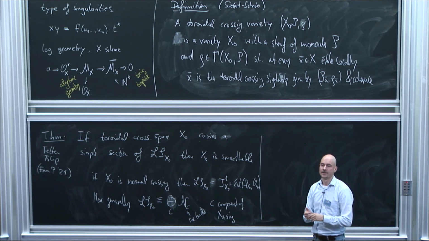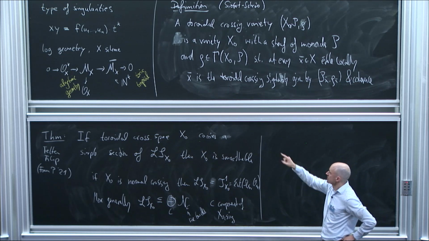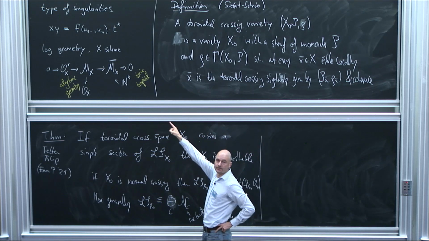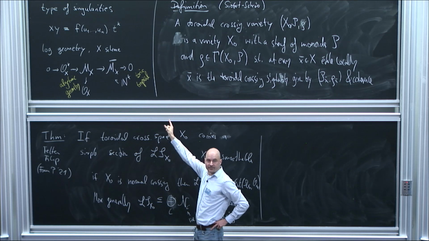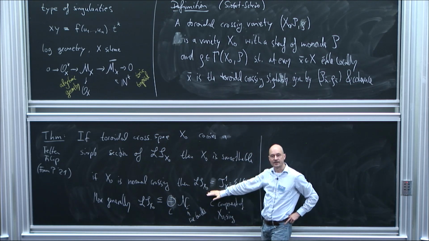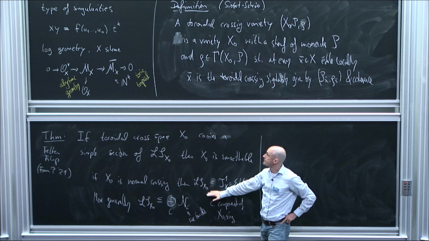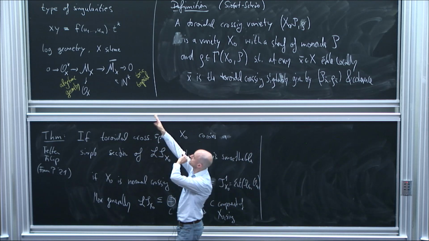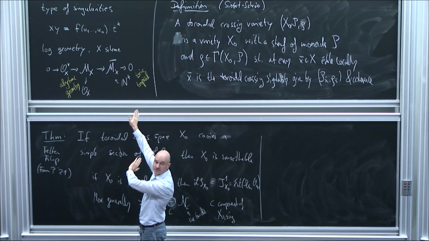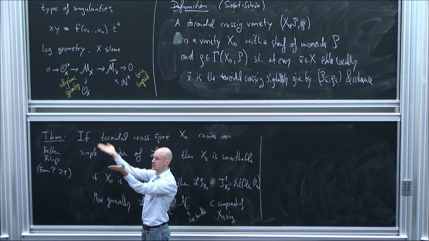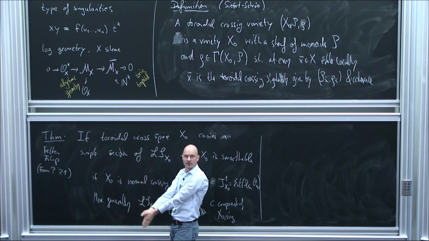Smooth intersection. For instance, if you look at the equation up here, this f is the section of this LS. If you send t to 0, then you just have two smooth pieces meeting in some singular locus.